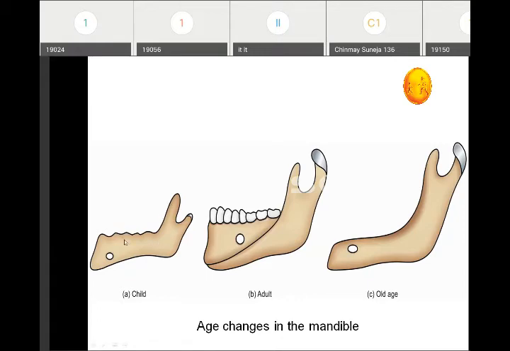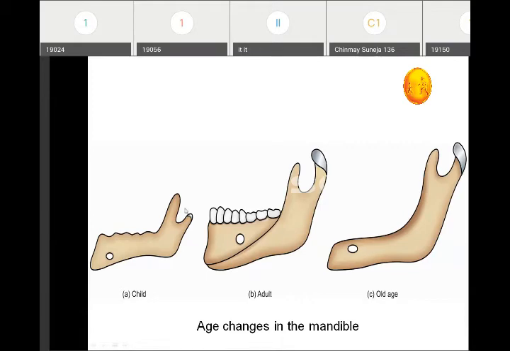It is 140 degree, or 110 to 120 degree obtuse angle in case of children, because it is more in relation to the body, whereas the angle is acute in case of adult, because the ramus is almost vertical. Again the angle becomes obtuse, 140 degree, because the superior border is absorbed, so the height of the body is reduced.